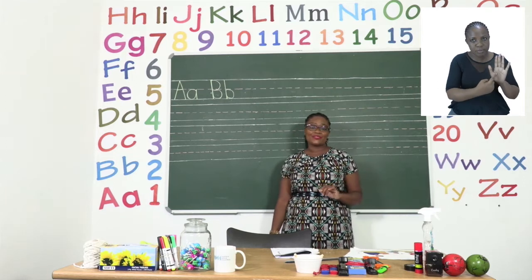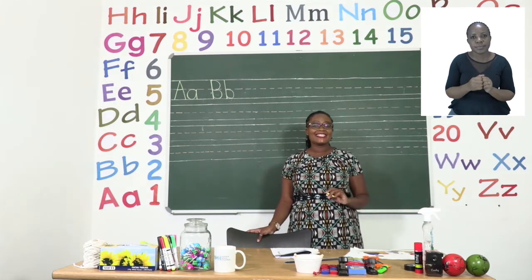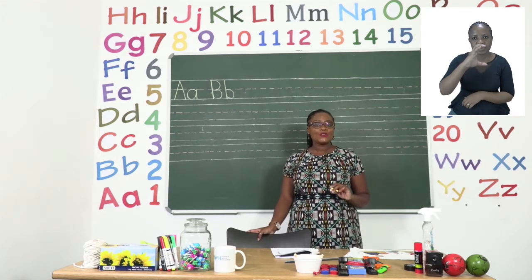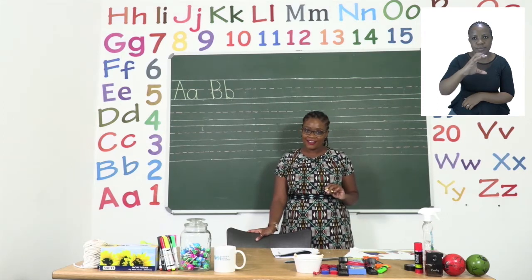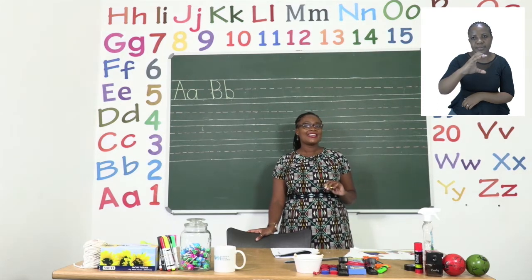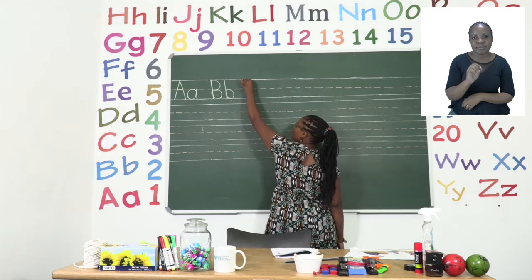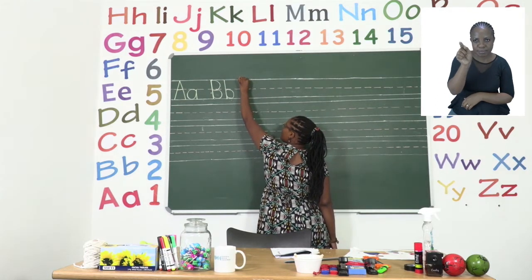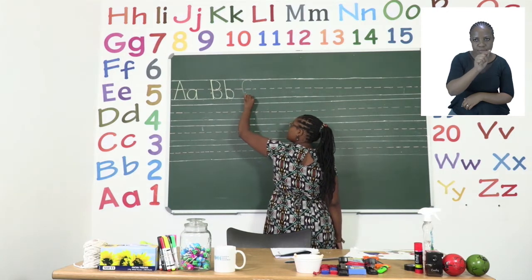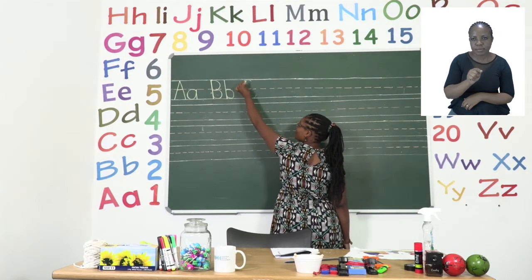Let us continue. The next letter is the letter C, also known as K, because that is the sound it makes. Let's draw our letter C. We go round and stop.